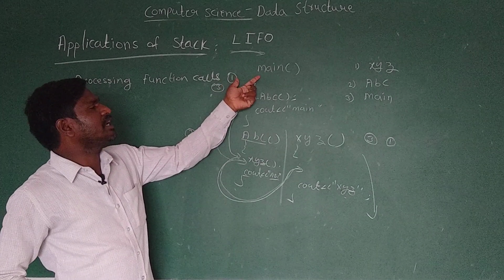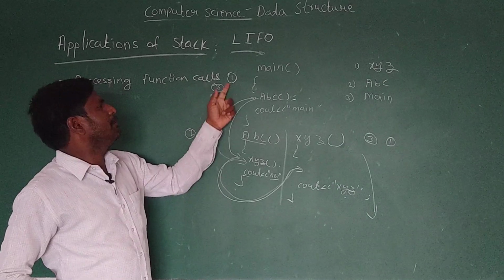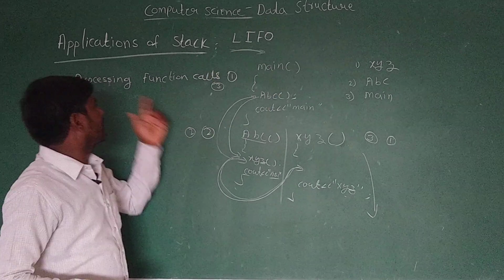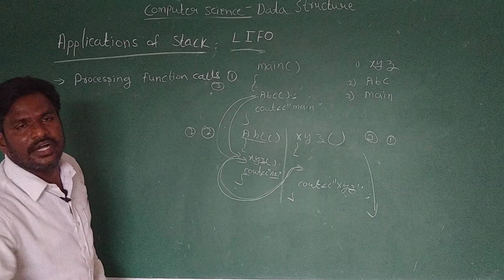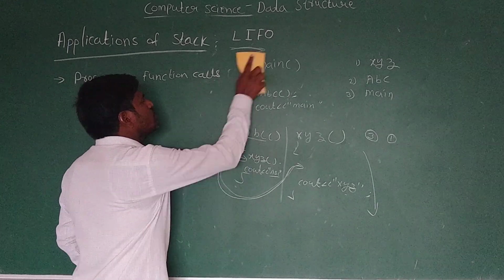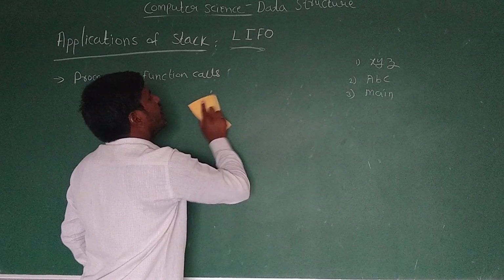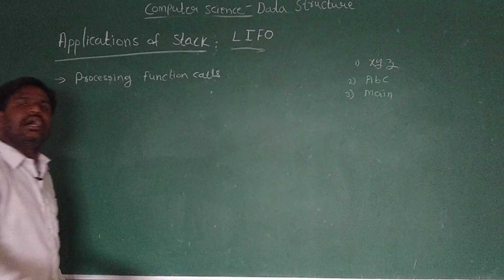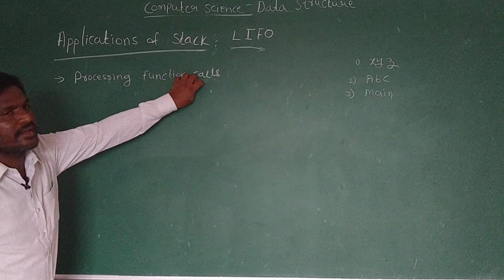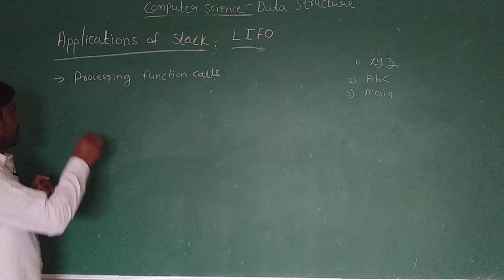The main function execution started first but completed last. So that is the last in first out concept. This is the processing of function calls. So the processing of several function calls involves the concept of a last in first out data structure.